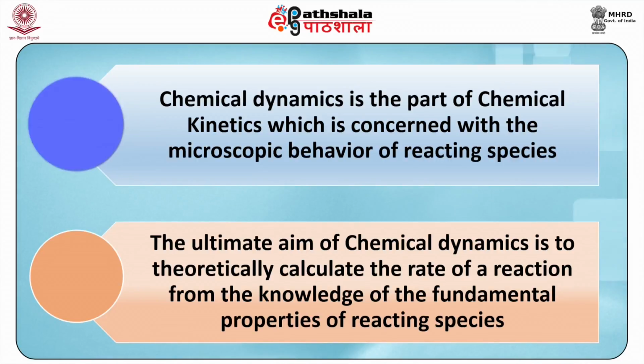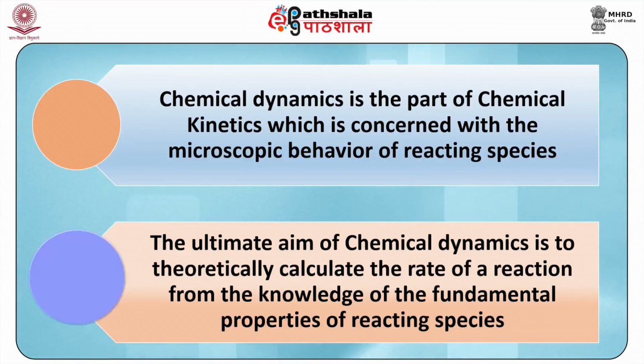Or one can say that chemical dynamics is a part of chemical kinetics, which is concerned with the microscopic behavior of reacting species. The ultimate aim of chemical dynamics is to theoretically calculate the rate of the reaction from the knowledge of fundamental properties of reacting species.